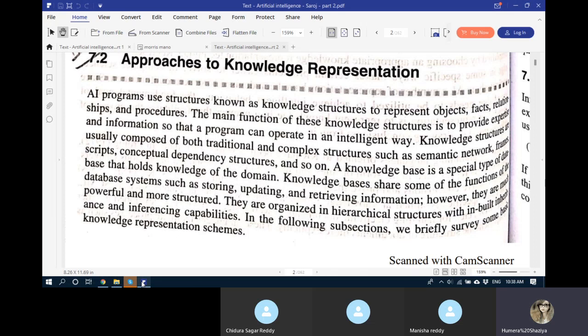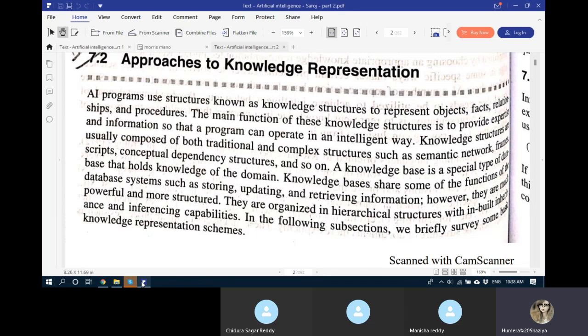And additionally, knowledge bases are organized in hierarchical structures with built-in inheritance and inferencing capabilities. Please try to remember these terms.